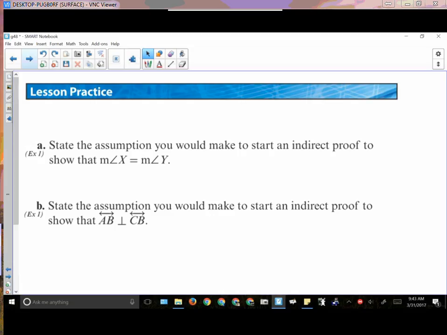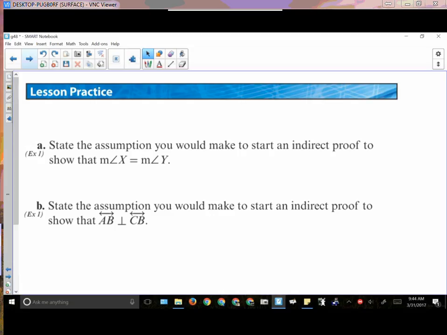Well, I want to show that the measure of angle X is equal to the measure of angle Y, correct? So if I'm doing this by a contradiction or an indirect proof, and I make it false, what would I state then? Well, I want to make that true, right?